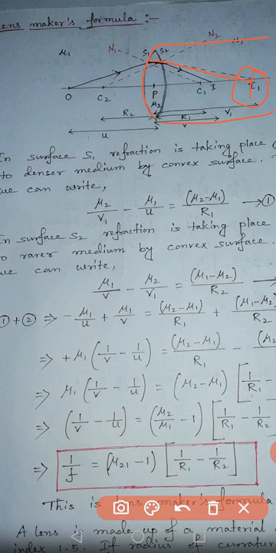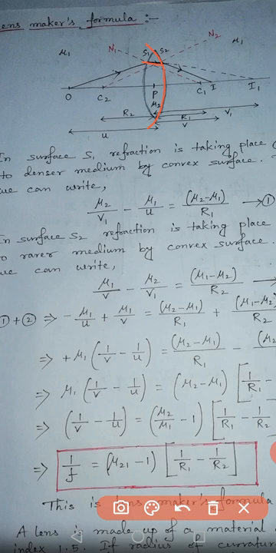Now, as soon as we consider the existence of surface S2, suppose S2 is also there. So what will happen? Again refraction will take place. This light ray will reach this position, and for S2 this is the normal. This N2 is the normal for S2. The light ray is now moving from denser to rarer medium. So where will it go? It will go away from the normal.